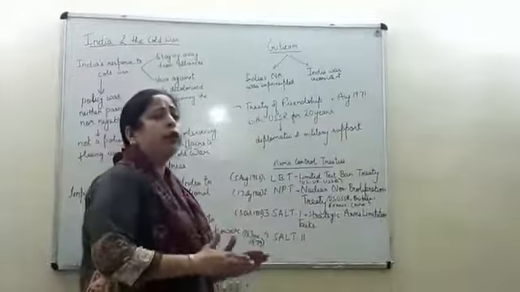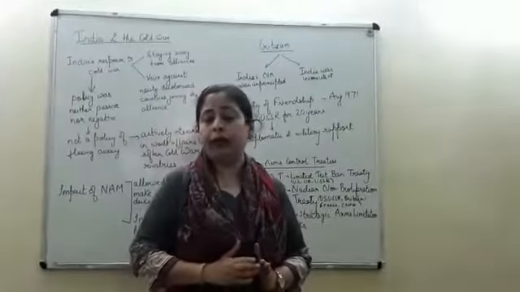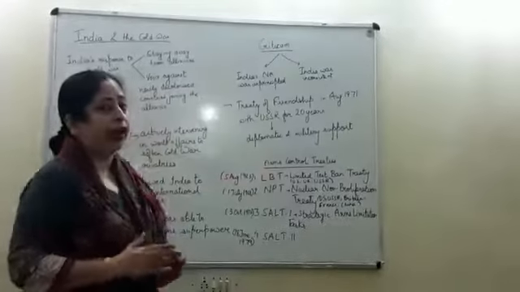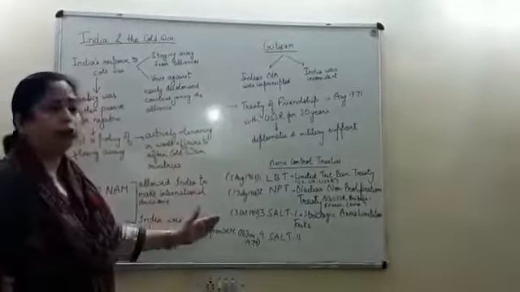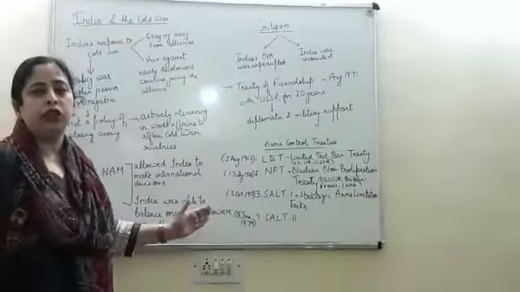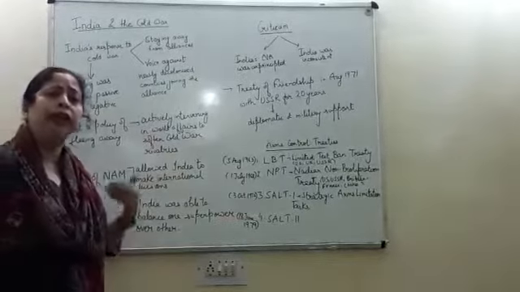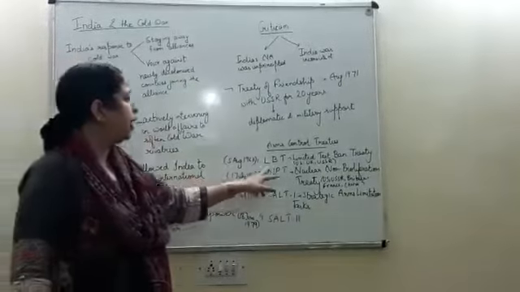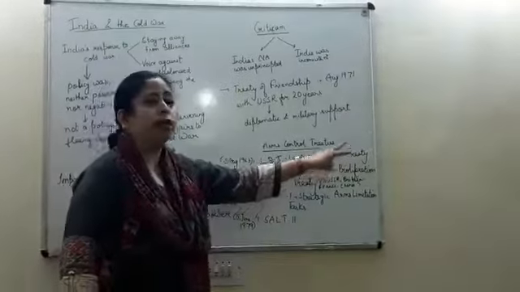With this, we come to the end of this first chapter of world politics, and that is the Cold War era. Before we sum up the chapter, there are a few arms control treaties which you should be aware of, and many of you must have already heard about them. First is the LTBT, that is the Limited Test Ban Treaty.